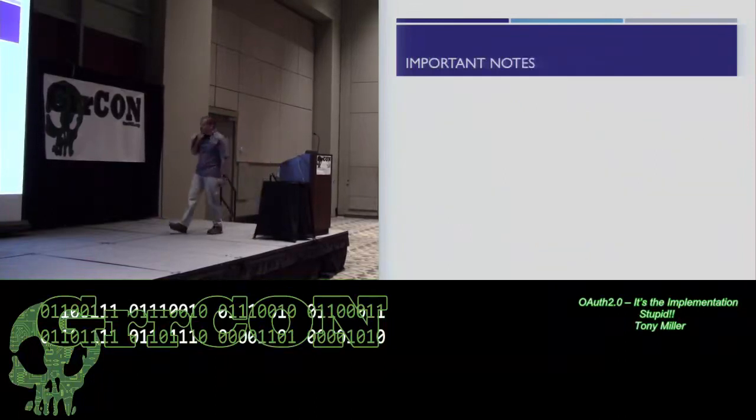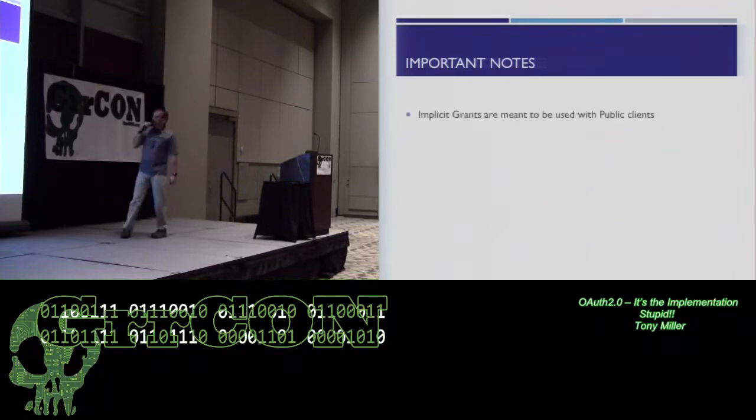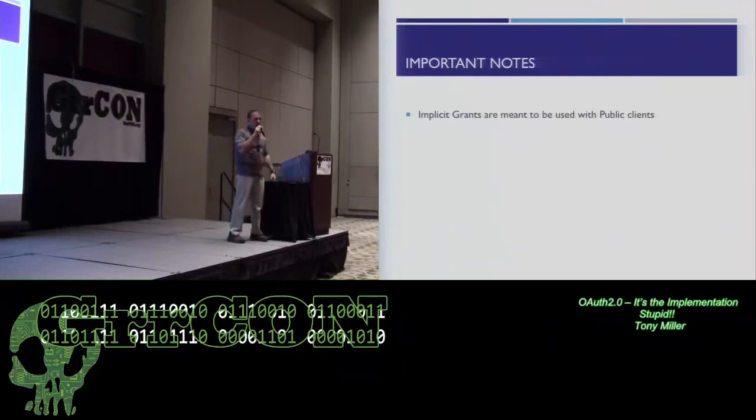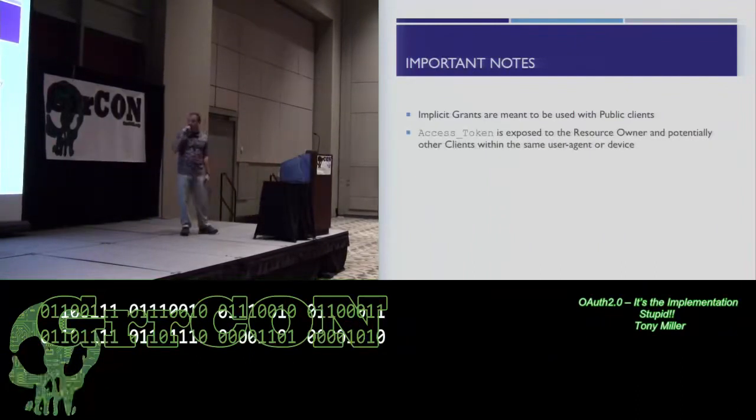So, some things that lead up to that. I mentioned before, implicit grants are optimized to be used with public clients. So they need to be treated as such. As you saw, the access token gets exposed to the resource owner. That doesn't happen when we're doing authorization code grants.